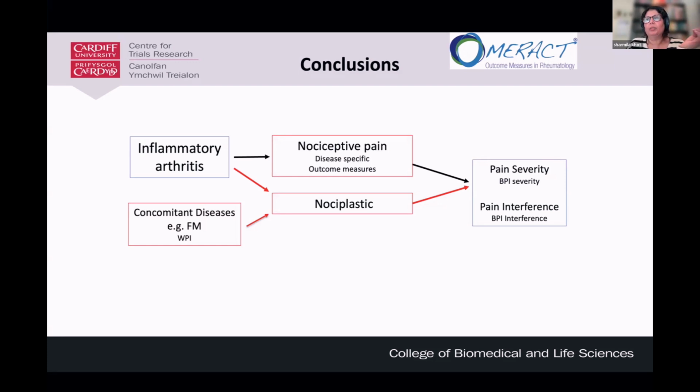However, these don't necessarily reflect the different pain phenotypes and the impact that these have on the pain severity and interference. There was some data presented at this meeting, which includes some data from Cardiff, from Tim Pickles and Ernest Choi, which demonstrated that people who presented with secondary fibromyalgia, which was about 25% of the total population studied, also had significantly high disease activity scores.